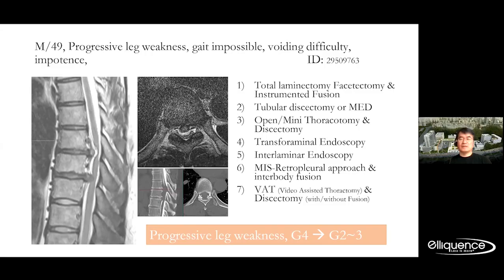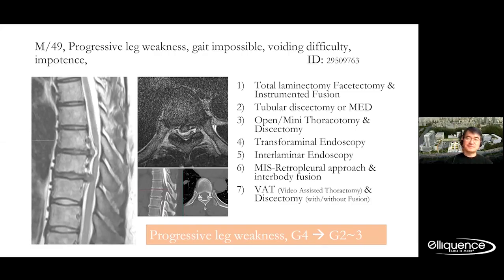You probably need to take time because the patient has a very serious neurological deficit and it is a challenging case. There are two options of the endoscope, transforaminal endoscope and interlaminar, right? Other popular options are MED, tubular surgery, or thoracotomy and discectomy, right?